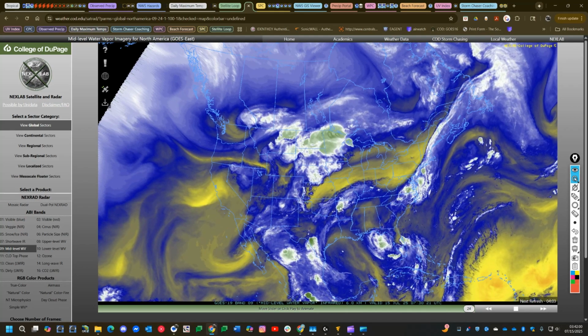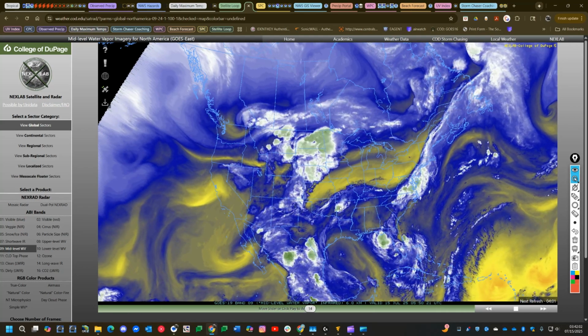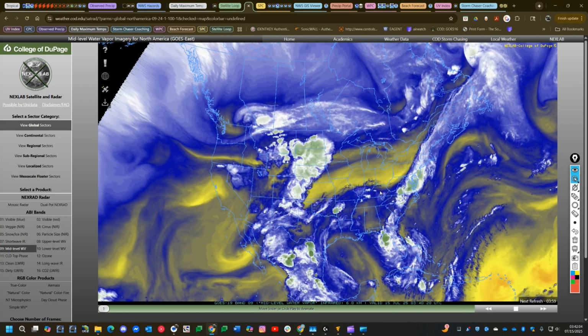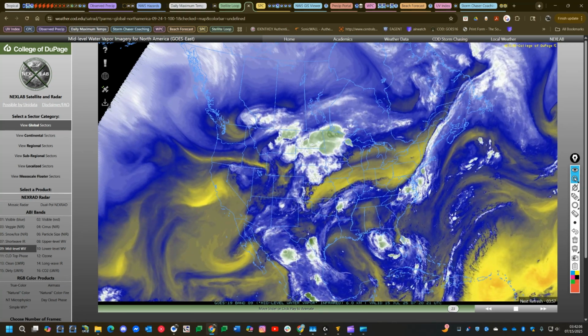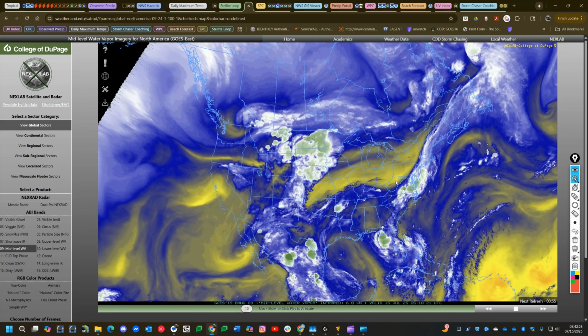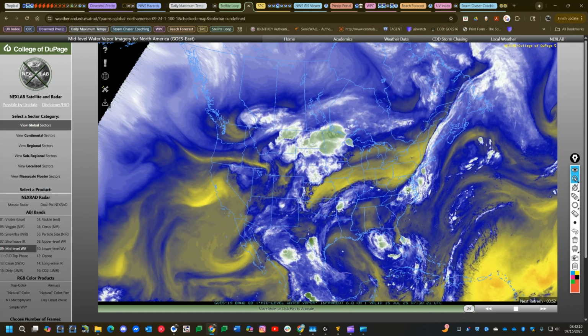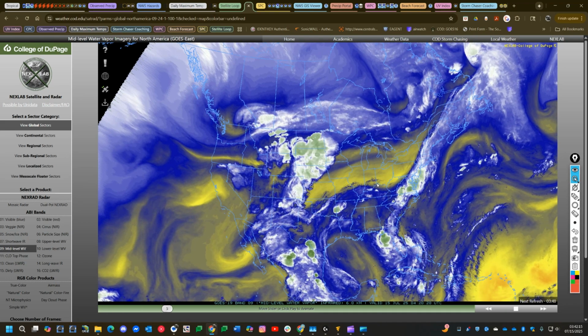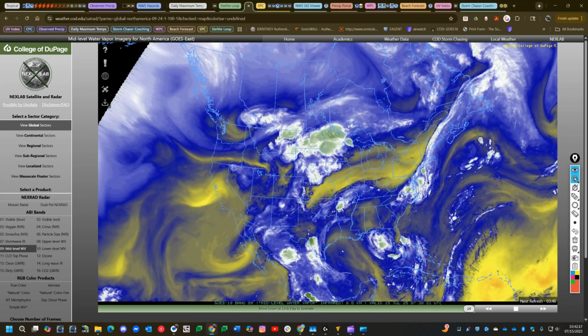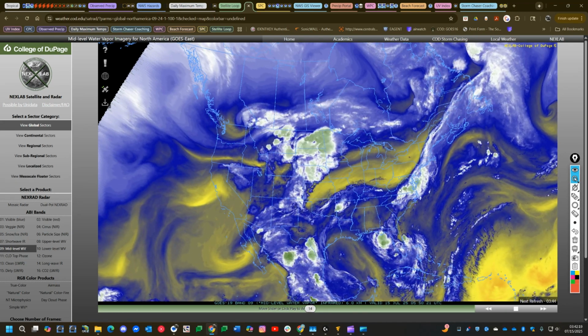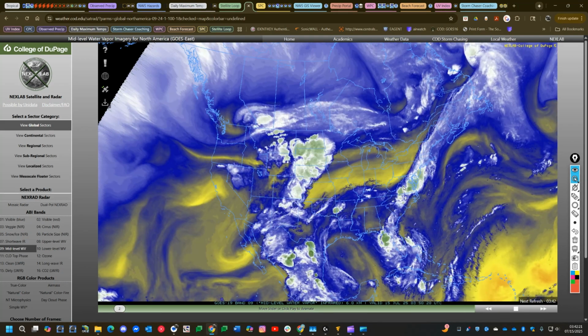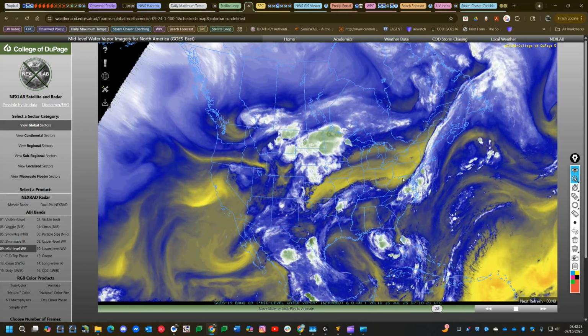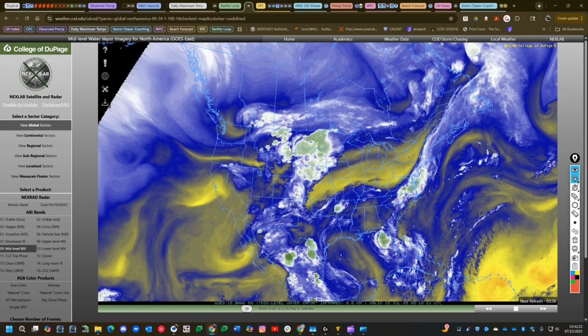Another shortwave in the flow, Arkansas. It looks like a frontal boundary trying to move through the mid-Atlantic. At the base of that trough, you can see some enhancement of the rain going on, like we showed in the radar loop.